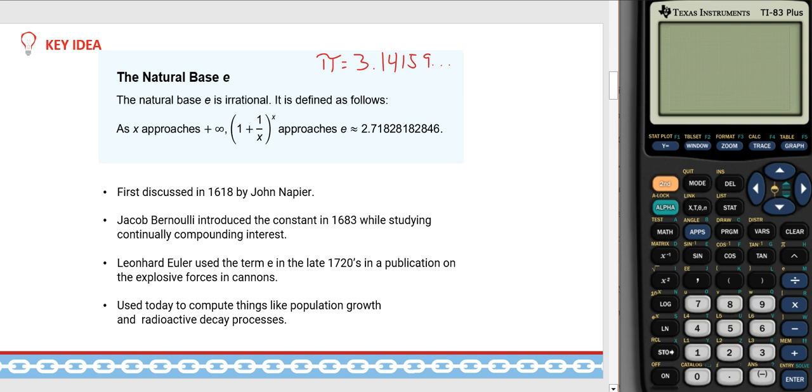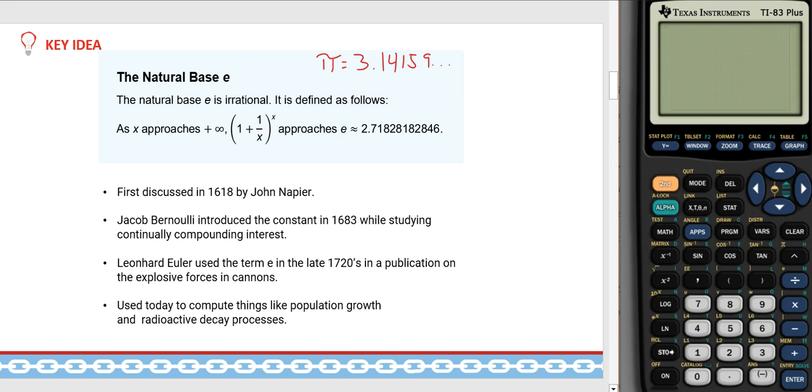John Napier first looked at it, or was given credit for first looking at it, and then Jacob Bernoulli, a famous mathematician and scientist, introduced that constant value in 1683. He was looking at continually compounding interest. Leonhard Euler gets the most credit for this natural base. It's even sometimes called Euler's number.